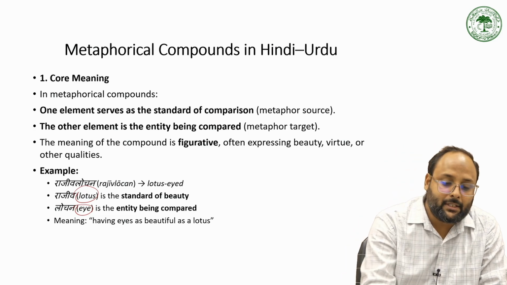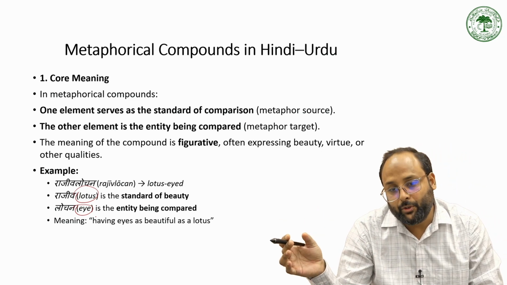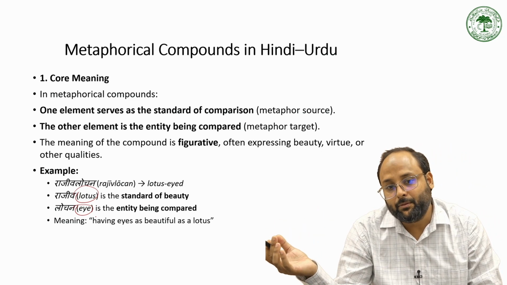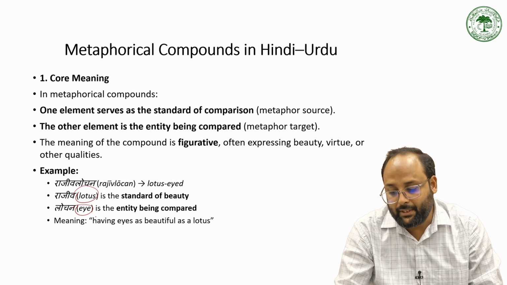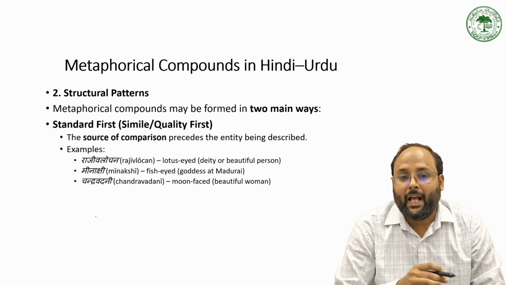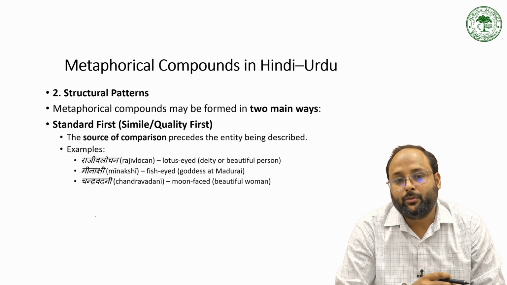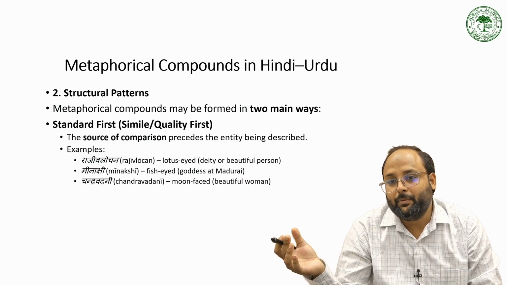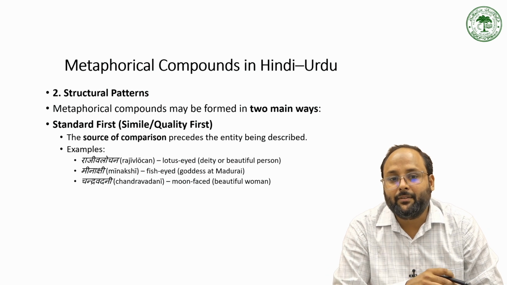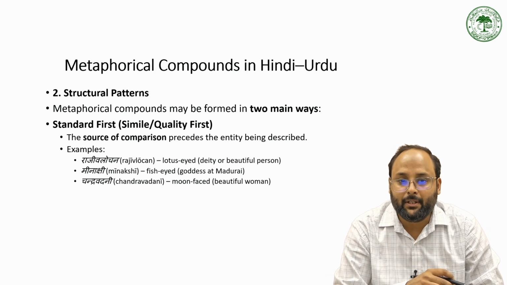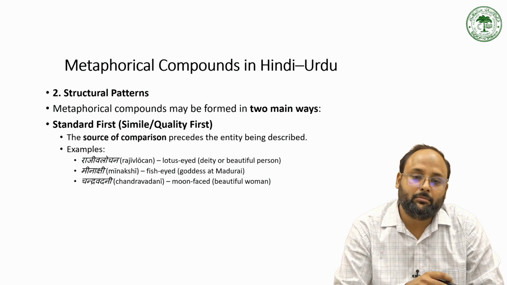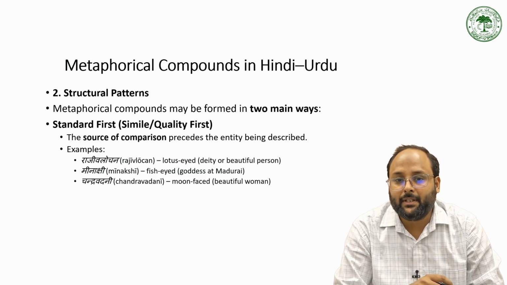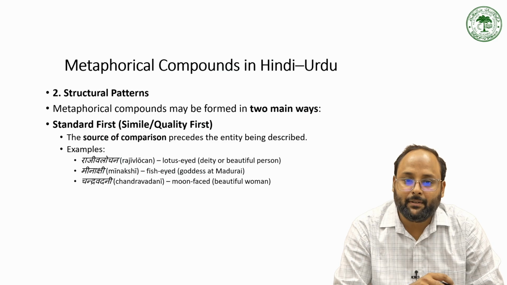This is used in poetry for any entity which has a beautiful eye. So we can say Rajiv Lochan, lotus eye. In terms of structural pattern, there are two elements. The metaphorical compound may be formed in two main ways. One is standard first, means the simile, the source of comparison, precedes the entity being described.